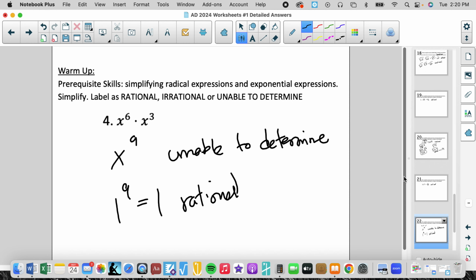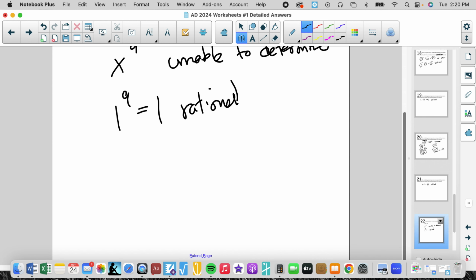And then what if I have the square root of 2 to the 9th? What if x equals rad 2? I picked a really difficult one, but it's okay.